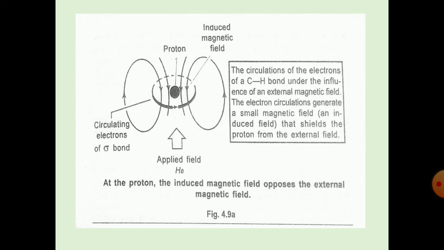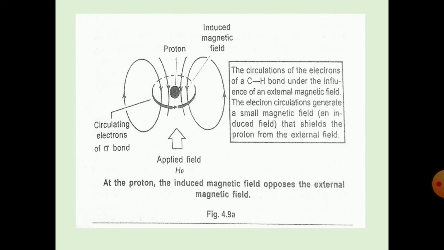The hydrogen nuclei near the magnetic field induced by the molecule may be more highly shielded or de-shielded, and they experience an effective magnetic field that is either less or greater than the externally applied field H0, due to the induced field either opposing or reinforcing H0.